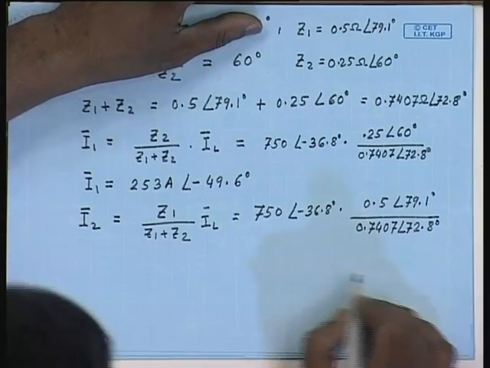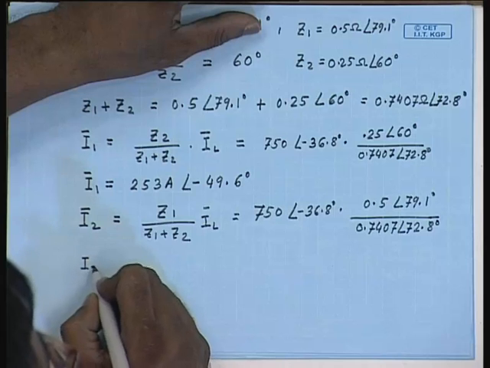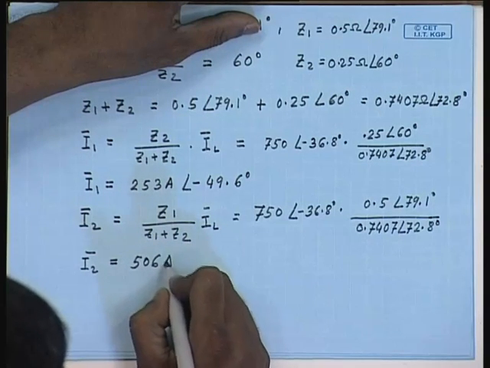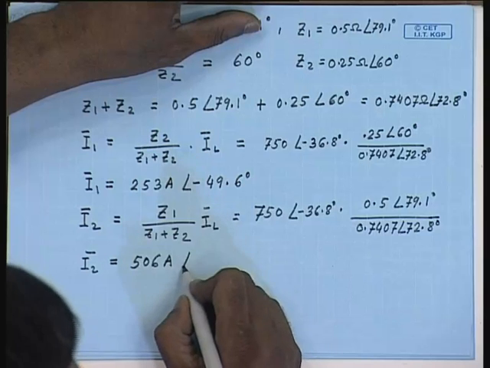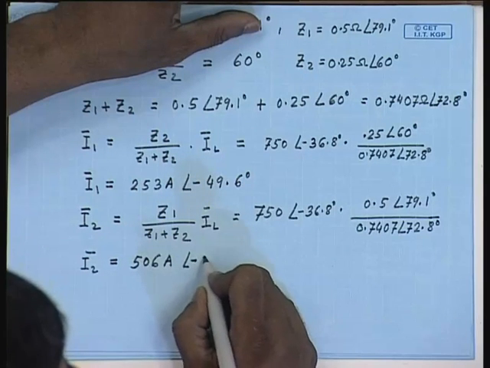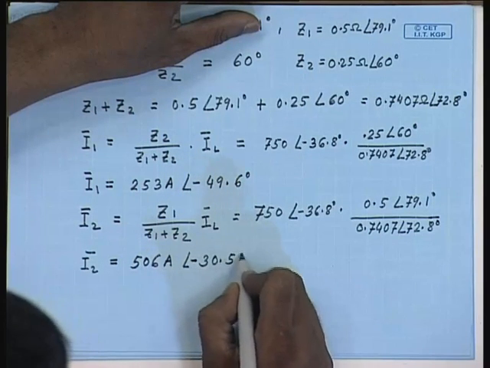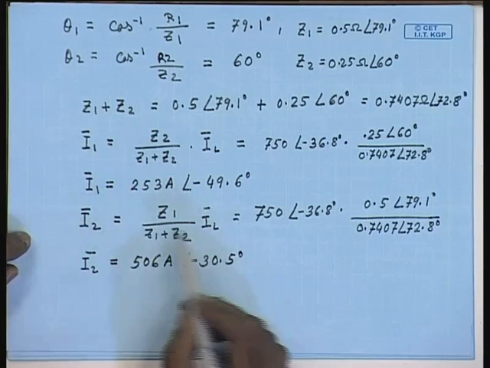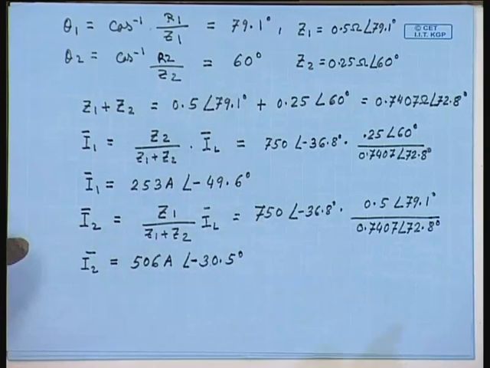This gives you I2 equal to 506 amperes angle minus 30.5 degree. Please note that these two currents are not in phase.